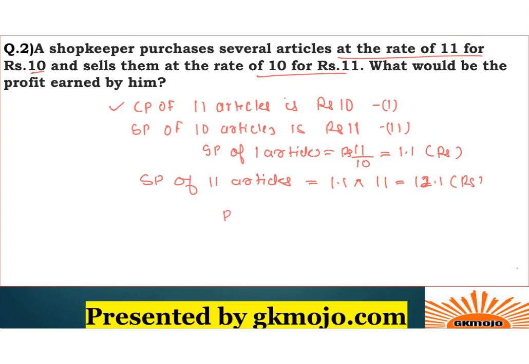The profit percentage will be 12.1, which is the SP, minus the CP, which was rupees 10 for 11 articles, upon 10 into 100. 12.1 minus 10 is 2.1, into 10, which is 21%. So the profit earned is 21% by the shopkeeper.